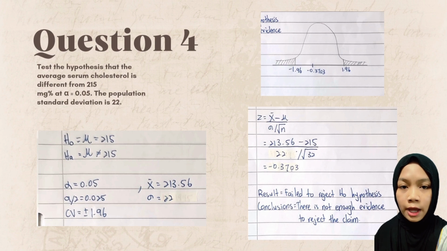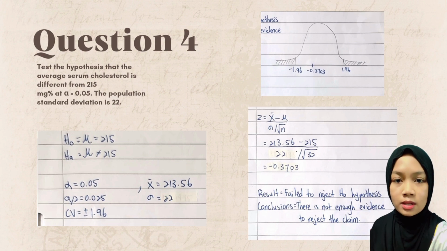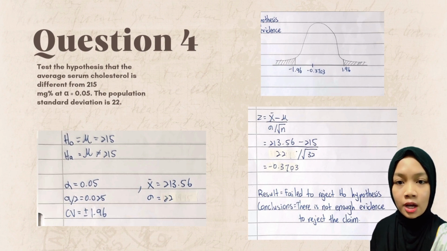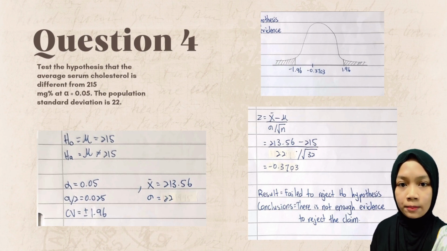As we know the average and standard deviation, we substitute into the formula Z equals average minus mean per standard deviation per square root of n and got negative 0.3703, which is inside the interval. The result is fail to reject H0, as there is not enough evidence to reject the claim.